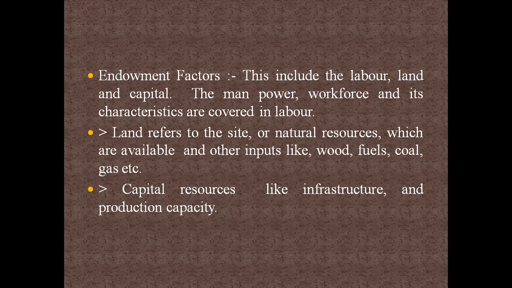Then coming to the capital items, we need to have a review of the infrastructure and our machine power with advanced technology and operating efficiency, considering the scales of operation of our activities.